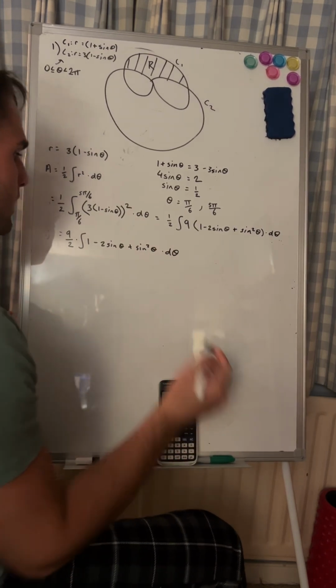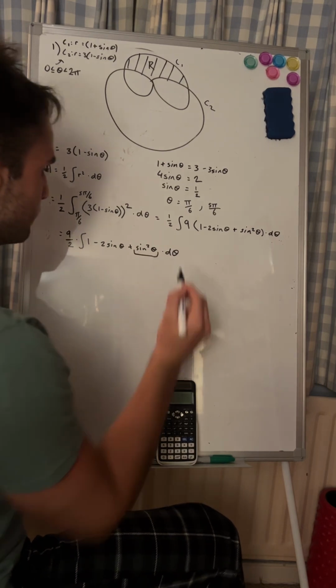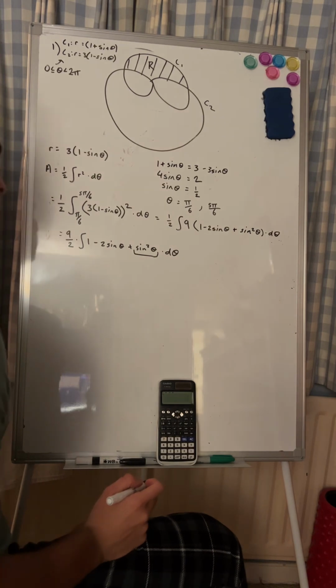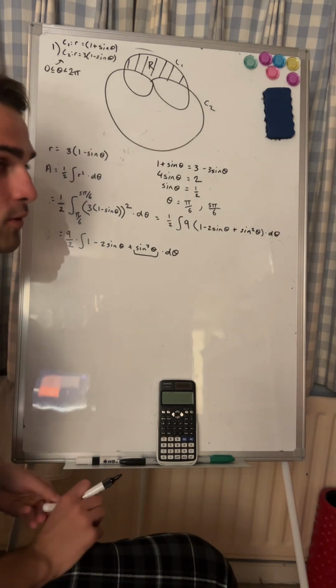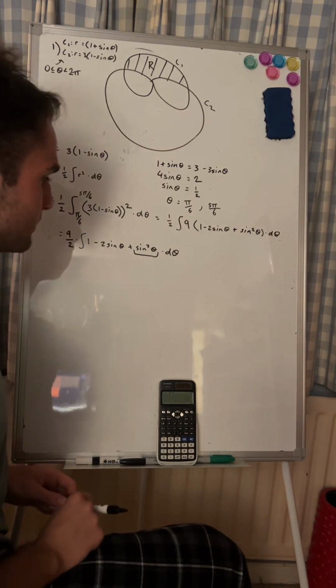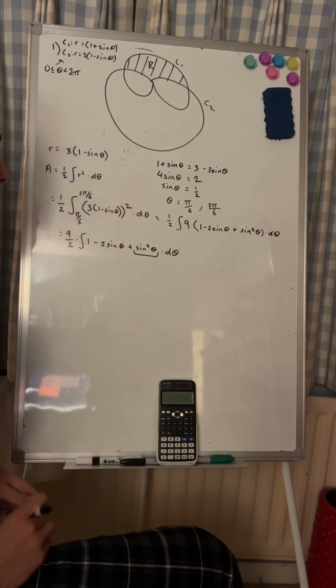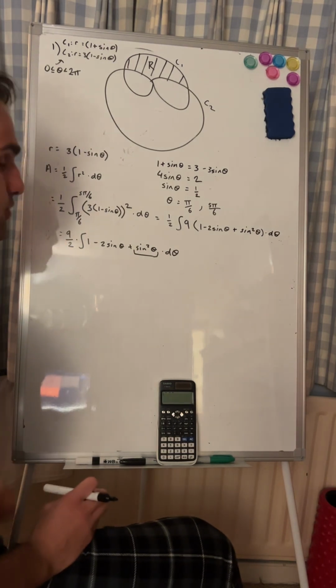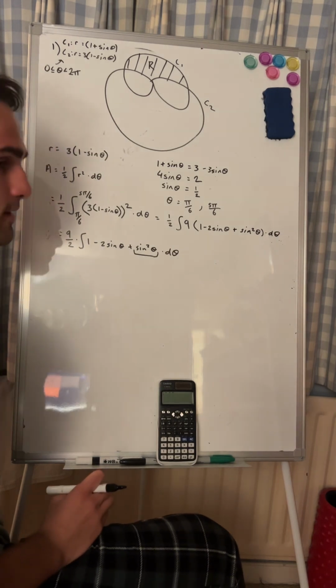Oh no! How do we integrate sine squared theta? Well, we use the power reduction formula, which I've done like a billion times already, so you need to watch another video. I'm pretty sure it's in every other example I've ever shown, because you always end up trying to integrate a square.